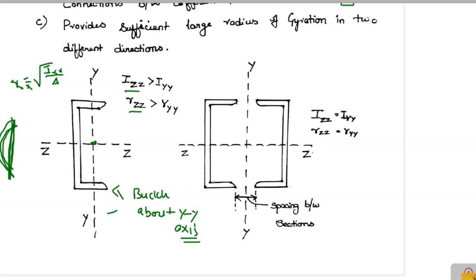Z-axis will not change. So what happens is, since y-axis has been shifted, now if you find out what is the IYY of the complete built-up section, it is going to be greater than the IYY of the individual section, isn't it right?